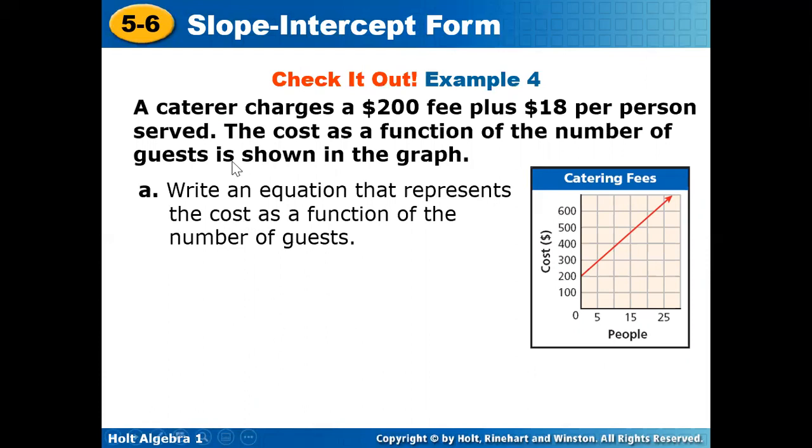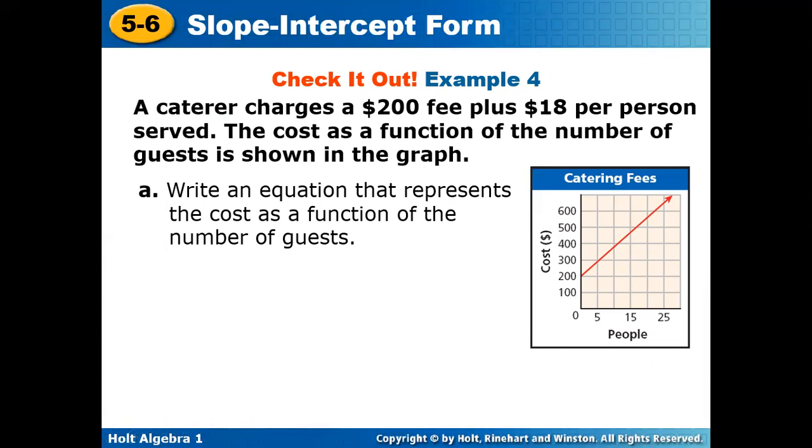All right, a caterer charges a $200 fee plus $18 per person served. The cost as a function of the number of guests is shown on the graph. You will notice immediately that your y-intercept is 200 because 200 is the original fee. That is your starting point for 0 anything else. $18 per person served, that is going to be $18 times x because x is unknown.